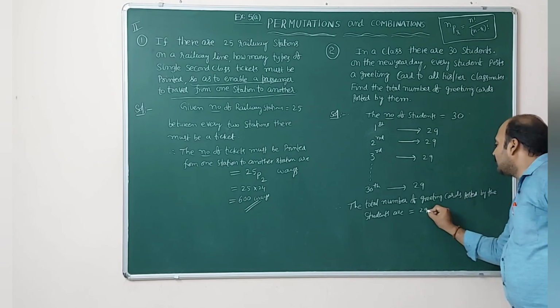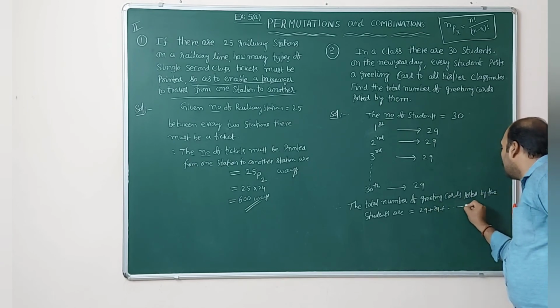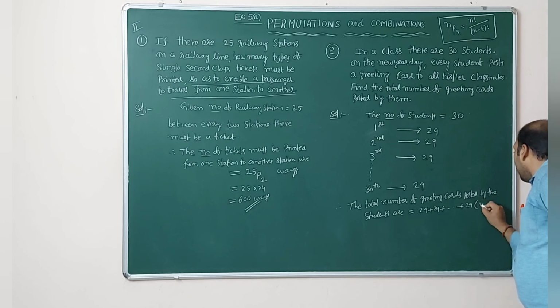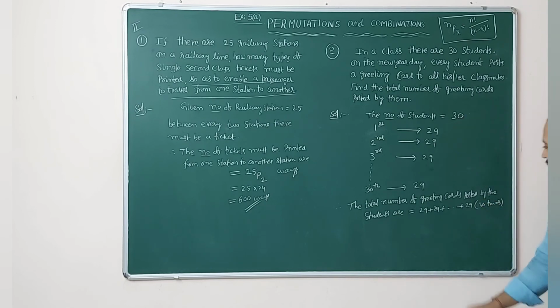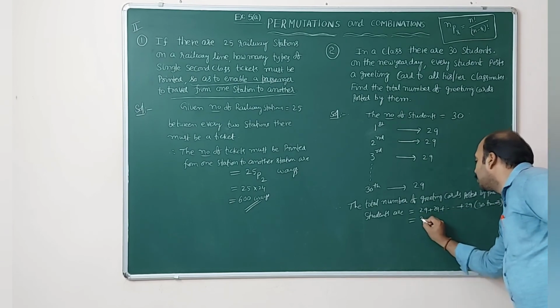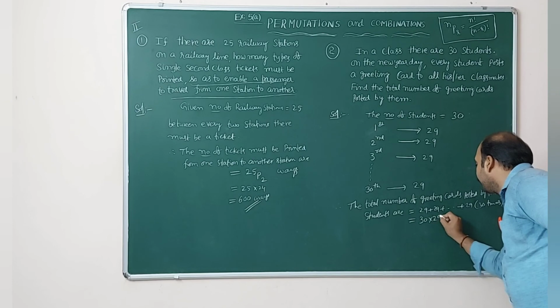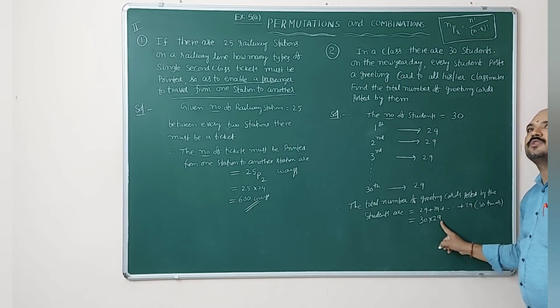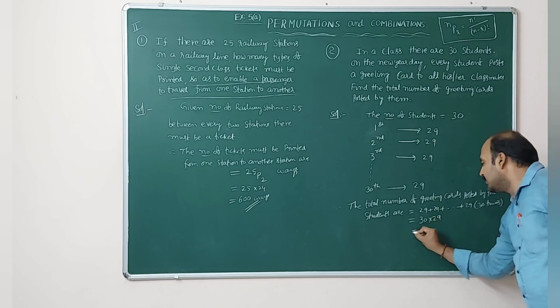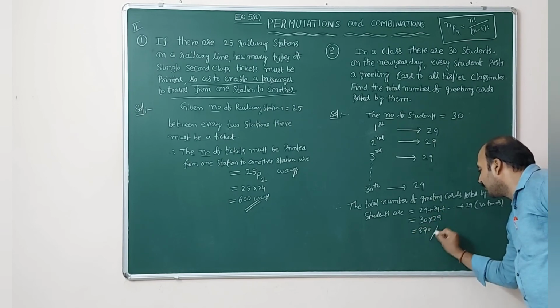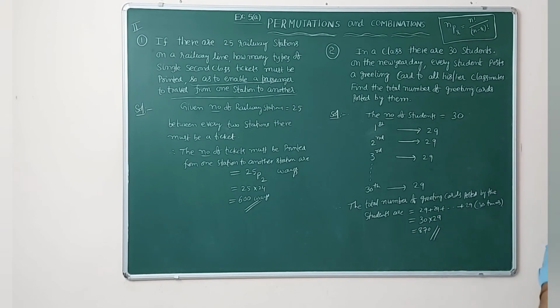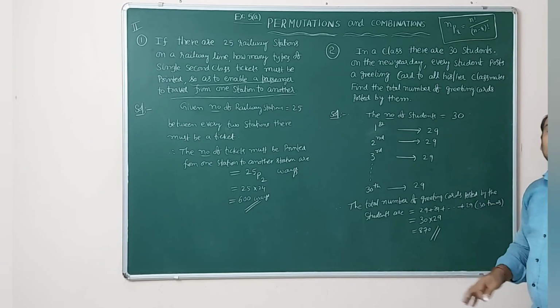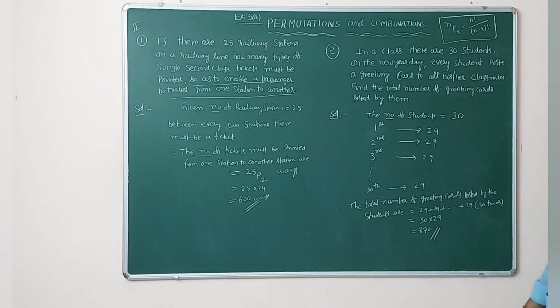So we can add like this: 29 plus 29 plus and so on, 30 times. Why? Because 30 students are there. So 29 plus 29 and so on, 30 times means 30 into 29. 9 sixes are 54, 9 threes are 27, 27 plus 5... so 870. So 870 greeting cards are required.